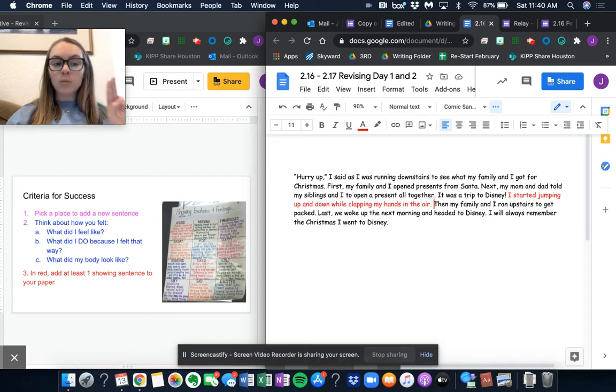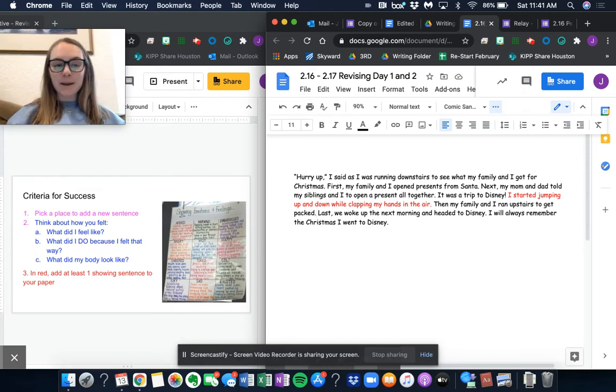I'm going to add one more sentence just so we get a better idea of what a showing sentence is. So let's go back to step one. Step one was to pick a place to add a new sentence. Well, let's see. Then my family and I ran upstairs to get packed. I remember after I was getting packed, I was just so excited.